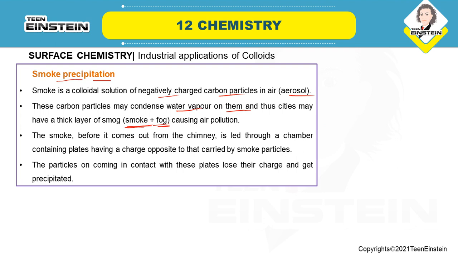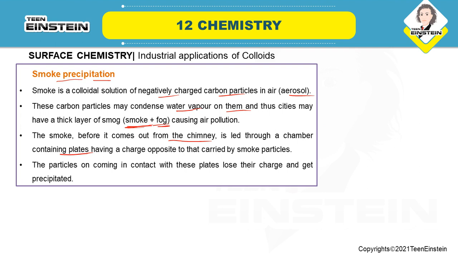Now this smoke can be removed by the application of colloids. Okay, so how can we do that? When it comes out from the chimney outlet, it is let through a chamber containing plates having a charge which is opposite to the charge of the smoke particles. Now as we are using oppositely charged plates, there will be charge neutralization.